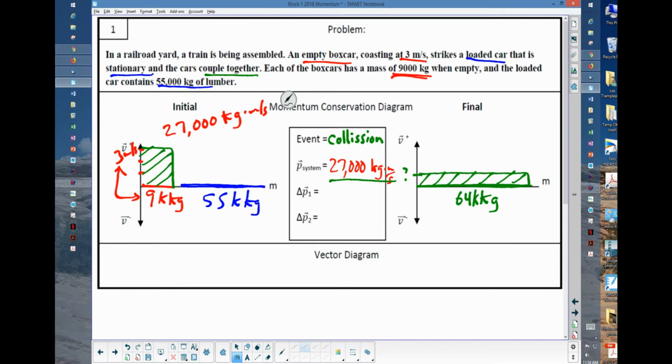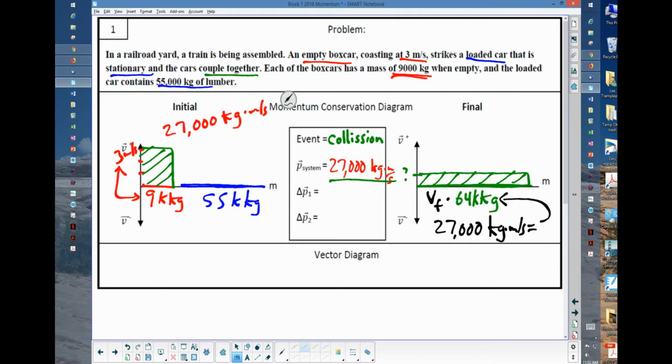We can come in here and say, okay, momentum, 27,000 kilograms times meters per second equals the mass times the final velocity.